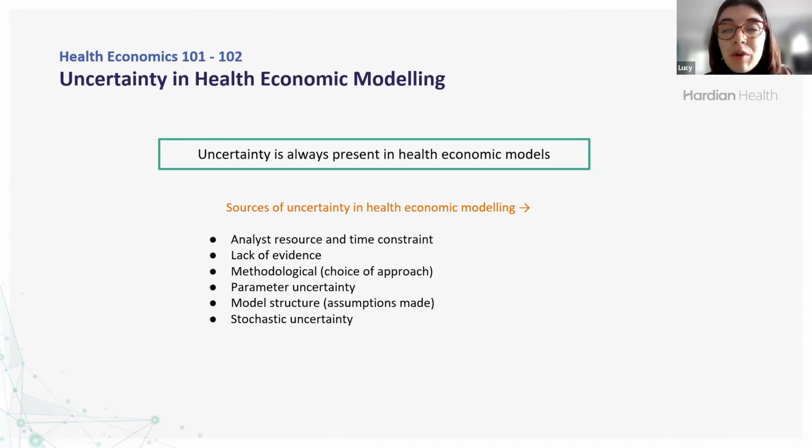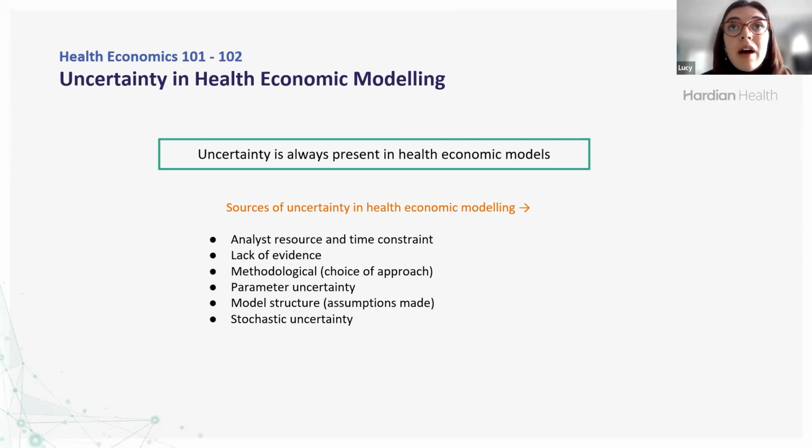So with health economic modeling, we are essentially creating a simulation of reality, of what happens on the ground in practice. But obviously we can't account for everything. So the models are a simplistic representation of what happens in reality.